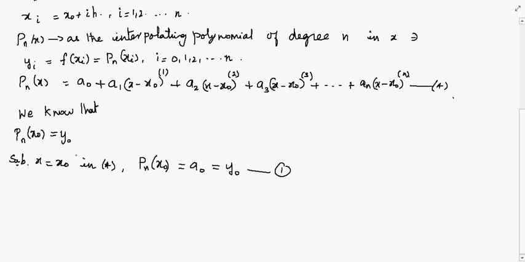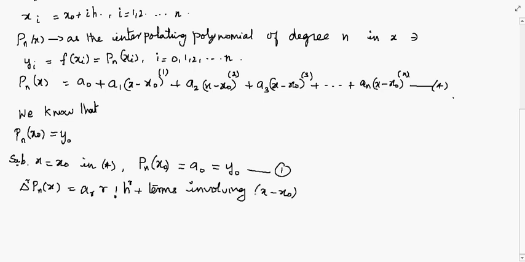Next, we will use the differences formula. Hence, the rth difference of the polynomial, del power r of Pn of x, is equal to ar into r factorial into h power r plus terms involving x minus x naught.